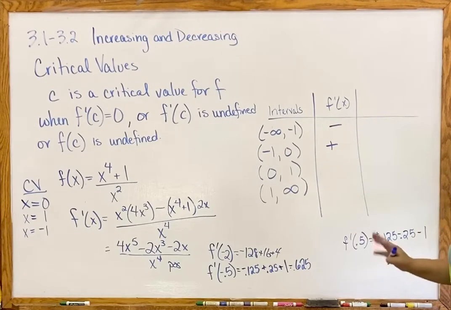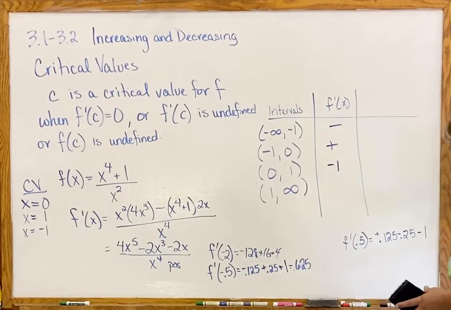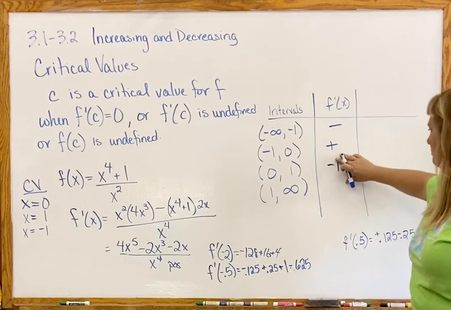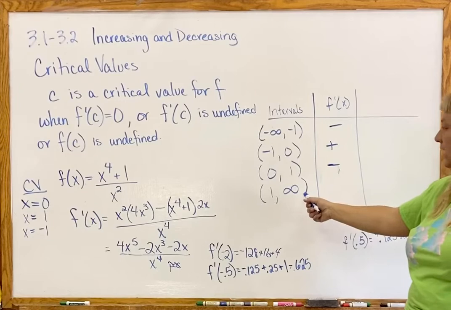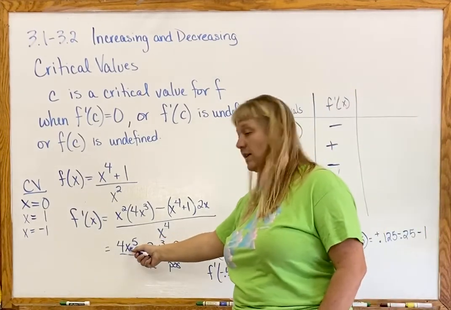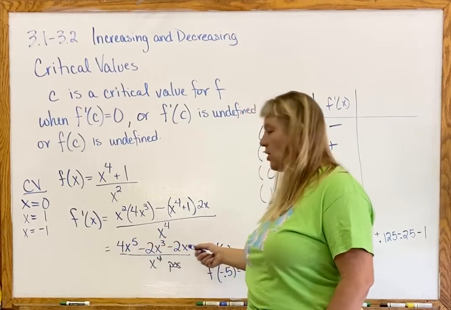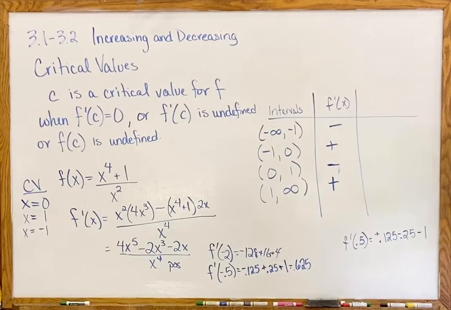The only thing that's changing is the signs, which definitely means this is going to be negative. And then finally, if we were to take 2 and plug it in here, that's going to be so huge that it's going to offset these guys, so that's going to be a positive.